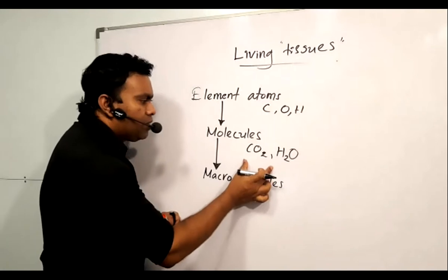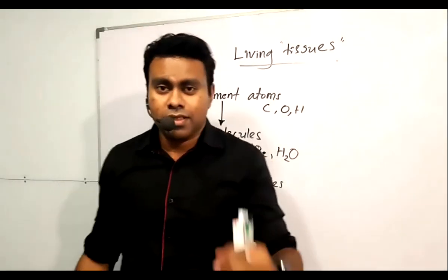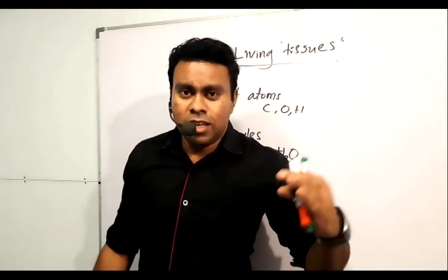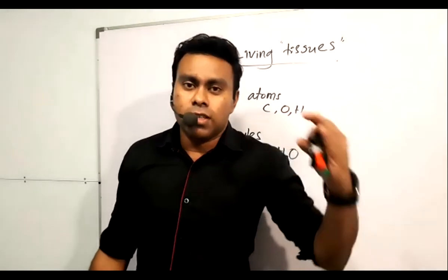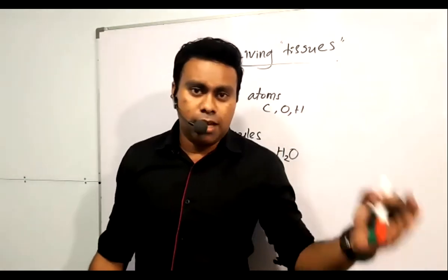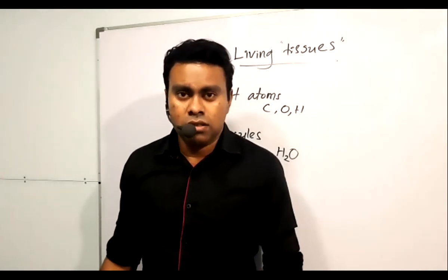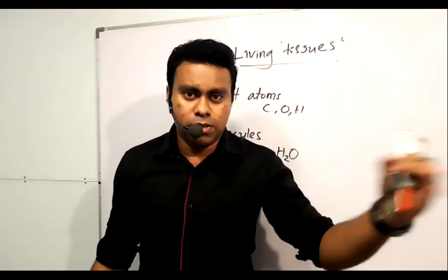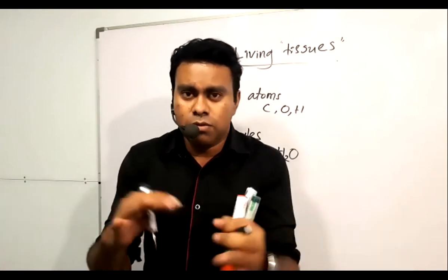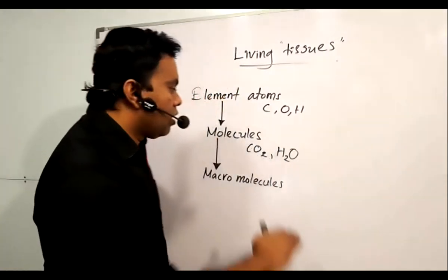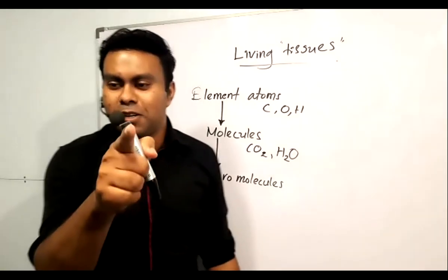So what are the large molecules? You know carbon dioxide and water. As soon as you say carbon dioxide and water, you remember that special process that happens in green plants with the help of sunlight, and the chlorophyll pigments help to absorb sunlight. So by using them, what is produced? What kind of reaction is that?